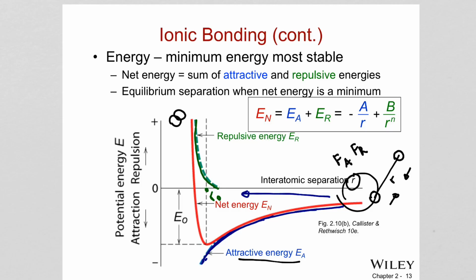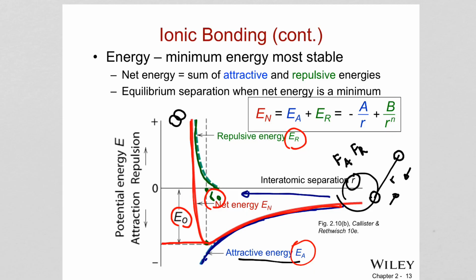As you can see, the red line is our energy curve, the sum of the repulsive energies and attractive energies, and the sum is giving us this curve, the red one. When we reach the equilibrium separation distance, that is giving us this E naught energy.